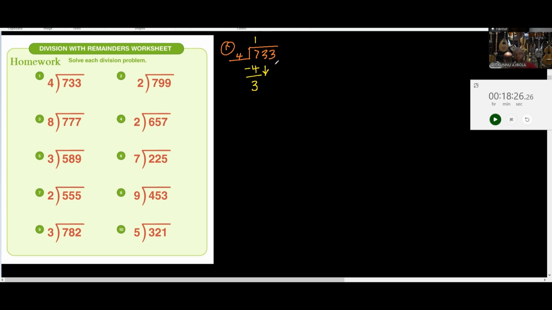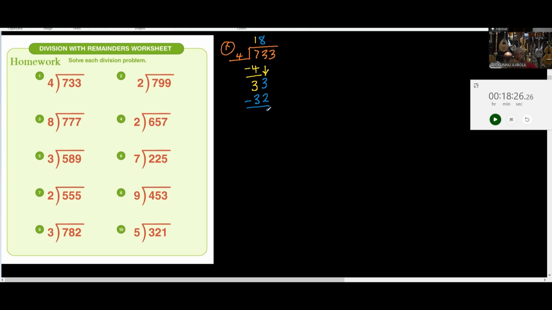Then what's the next digit you are bringing down? 3. 4 in 33 is how many? 8. 8 times 4 is what? That's 32. Then you subtract.